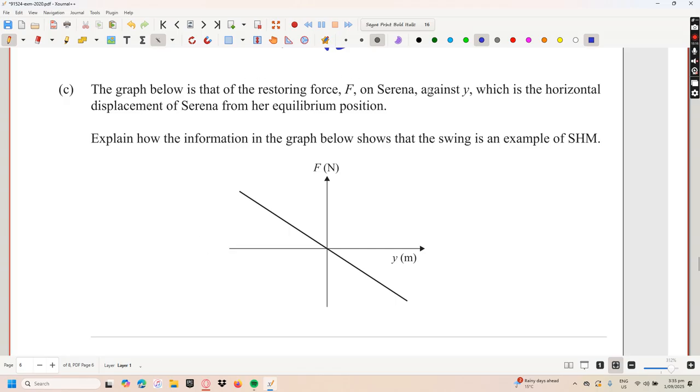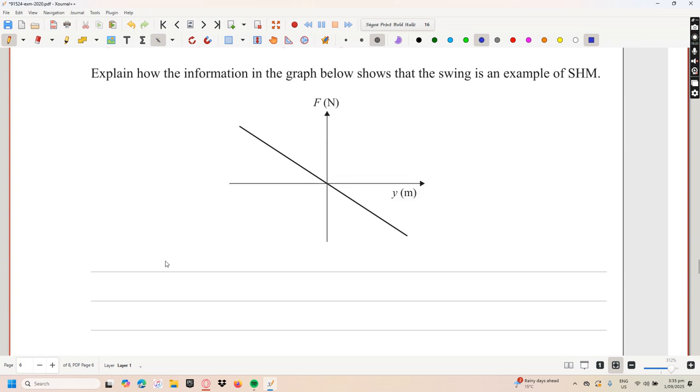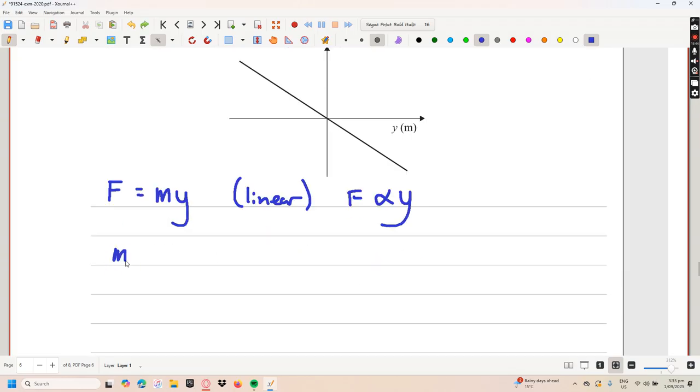The graph below is of restoring force against Y, which is the horizontal displacement. Explain how this shows that the swing is in simple harmonic motion. Well, it's linear, so F is some constant times X. Linear, so force, well, not X, Y. So force is proportional to Y. And then notice that the gradient is less than 0, which implies that F is greater than 0 when Y is less than 0, which you can verify here.